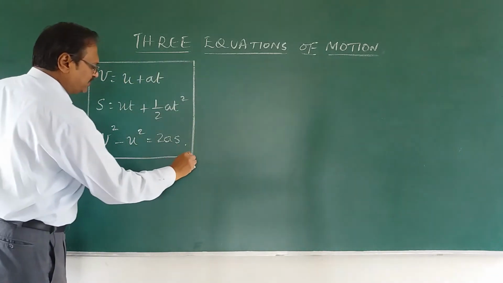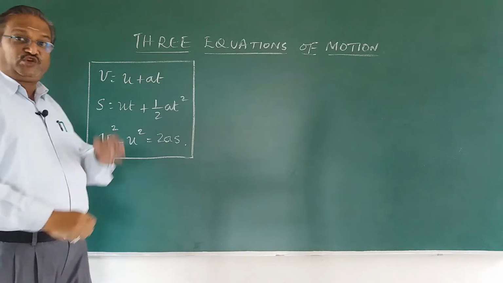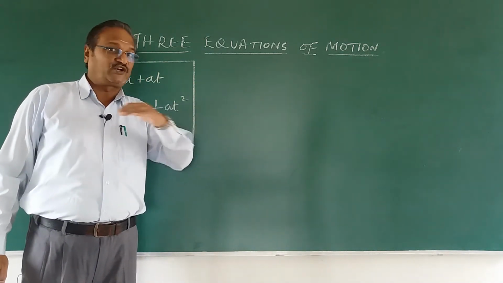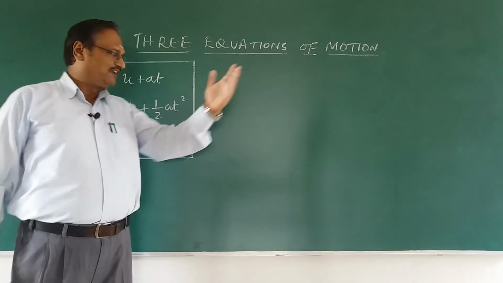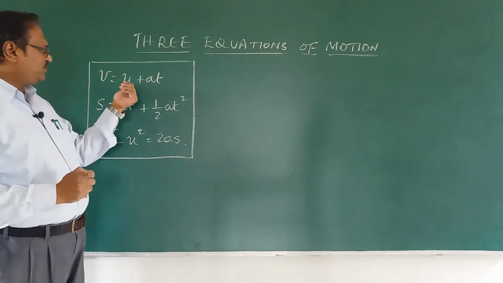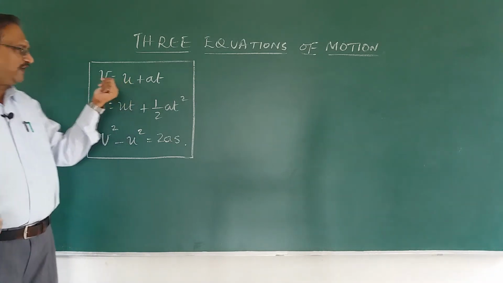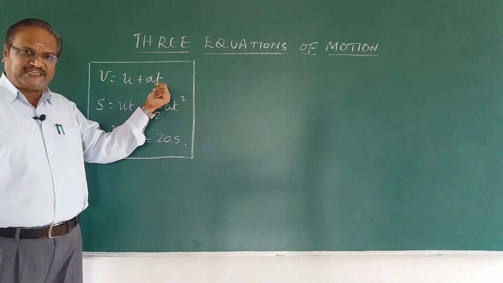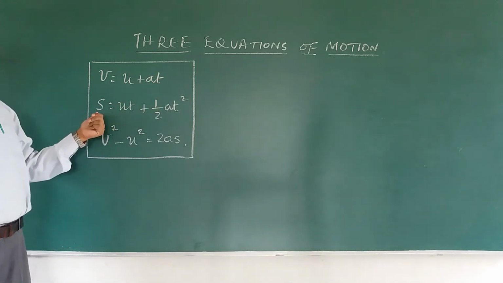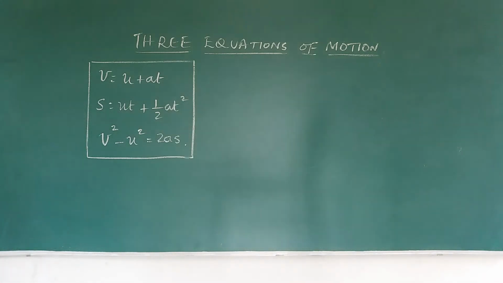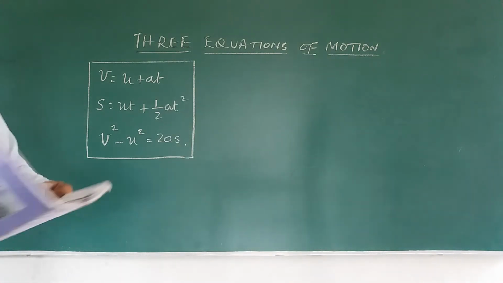Majority of motions can be fit in Newtonian mechanics, not in quantum mechanics. These equations can be used when a body has initial velocity u, final velocity v, acceleration a, time t, traveling a distance s. So let me do the first problem from the NCERT textbook.